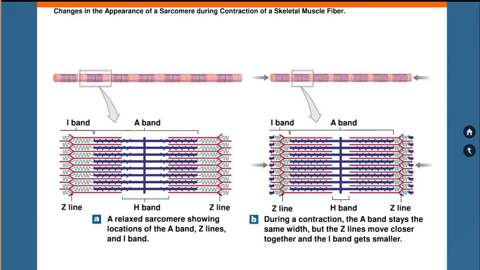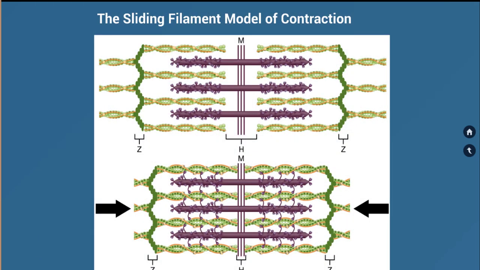This is the A band, the myosin band. In the contraction cycle, the A band stays the same width, but the I band becomes smaller. At full contraction, the thin and thick filaments overlap.